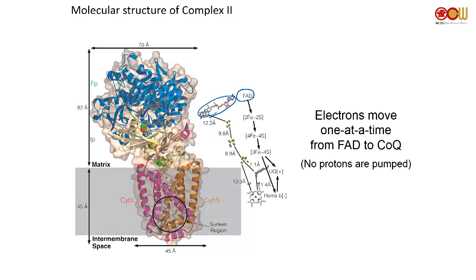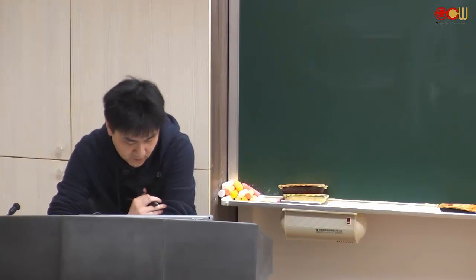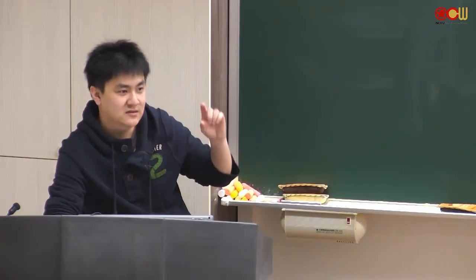FAD passes the electron to an iron sulfur cluster, which then passes to another iron sulfur cluster, and another. You don't have to memorize whether it's 2 iron 2 sulfur or 4 iron 4 sulfur. Just know that you have different iron sulfur clusters.